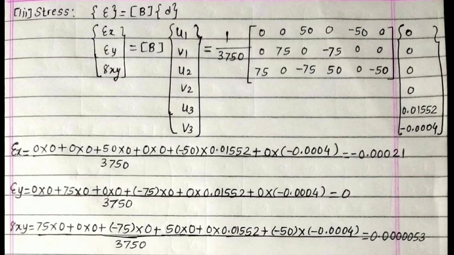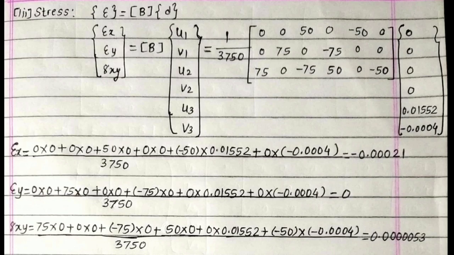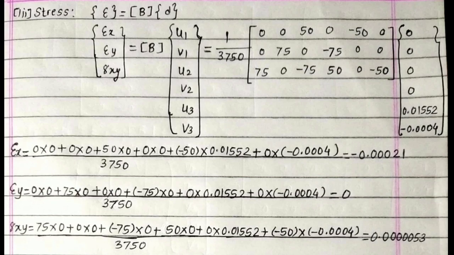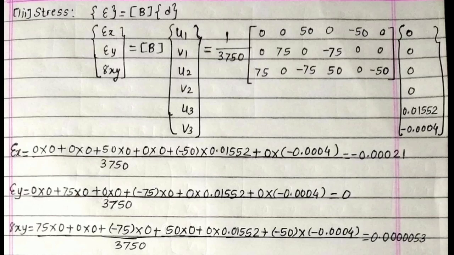So matrix B is 1 divided by 3750 into the matrix, multiplied by the displacement vector 0, 0, 0, 0, 0.01552, minus 0.0004.